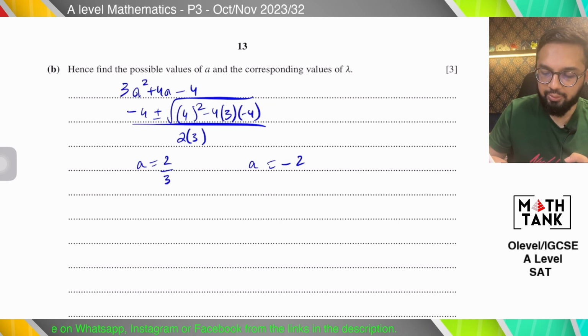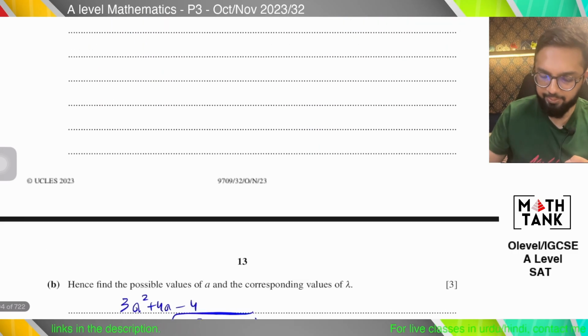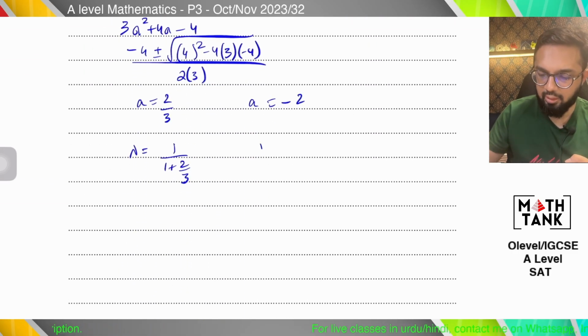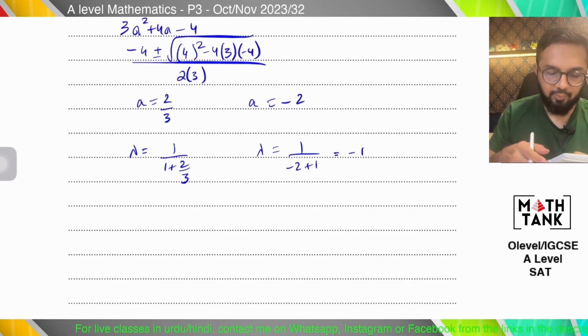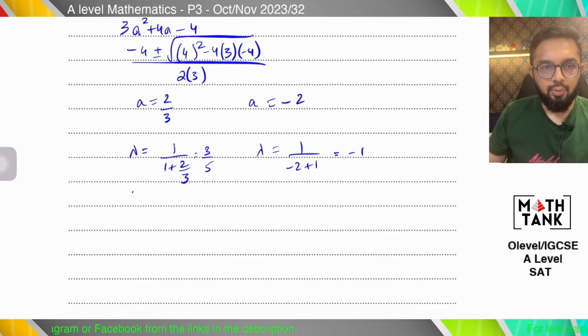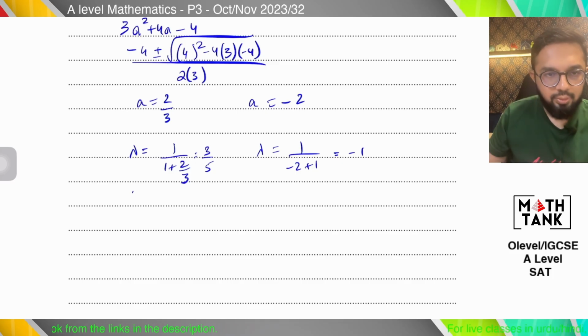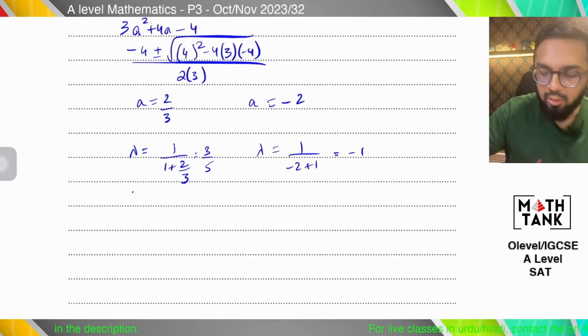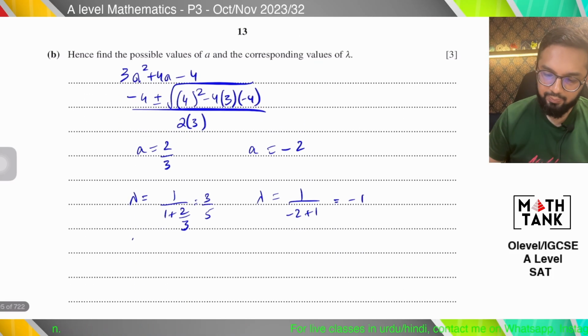When a is 2 over 3, lambda is 1 over a plus 1, which is 1 divided by 5 over 3, giving me 3 over 5. And for a equals minus 2, 1 over a plus 1 gives me minus 1. So two values of a and two values of lambda.